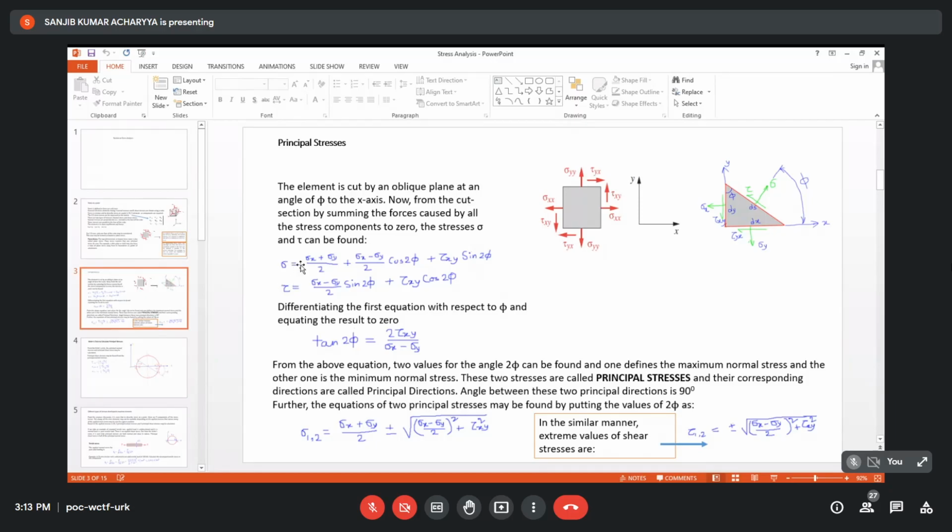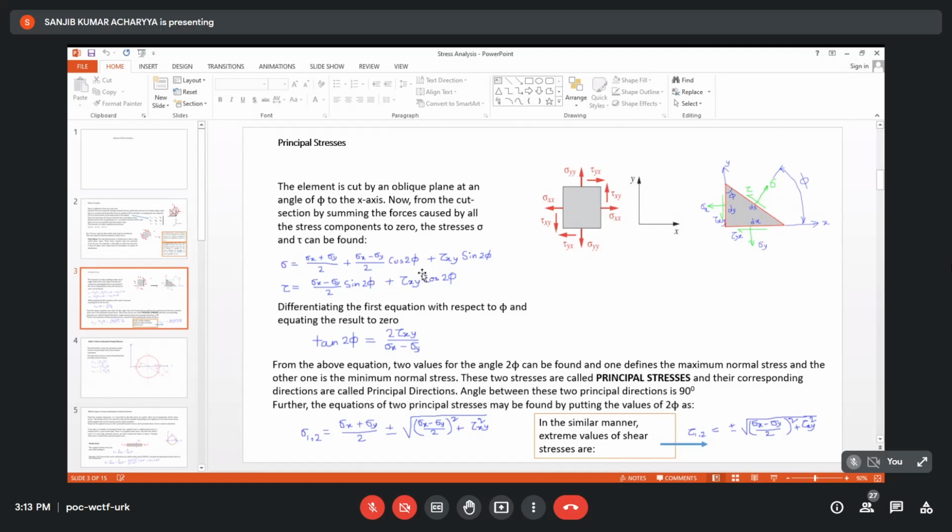Taking the derivative of this function and equating to 0, you can solve phi. At that phi, the value of sigma will be extreme, maximum and minimum, because in both the cases del sigma del phi is 0. I think you know it, no?